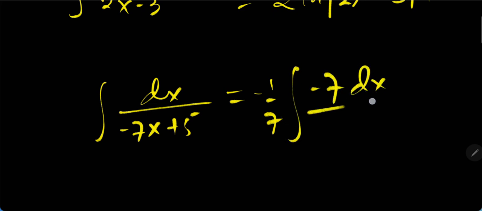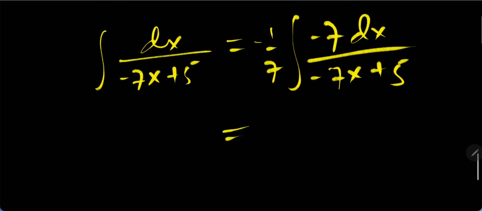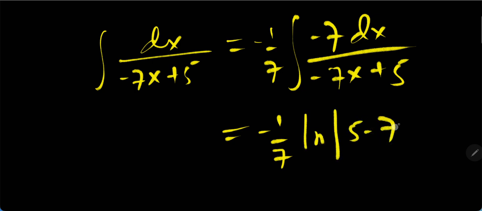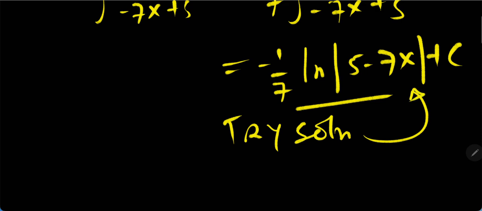I'm just giving you the answer, then you try the solution. If you write that form, you have not changed anything. The derivative of the denominator is negative 7, and we have negative 7 at the numerator. So directly, the answer we expect if you do the solution will be this one. Now go and try your solution until you reach this point.